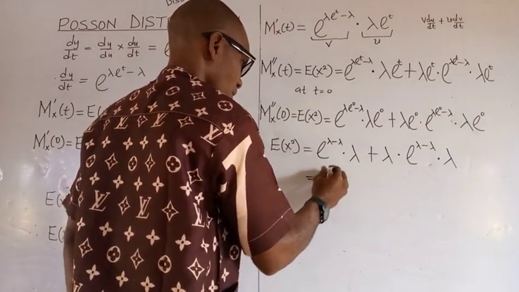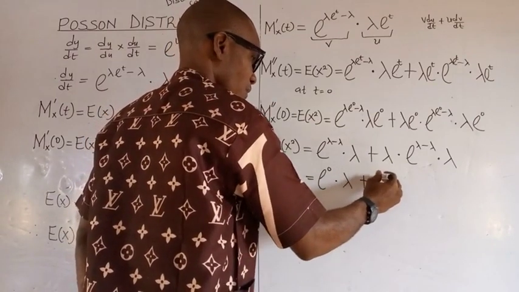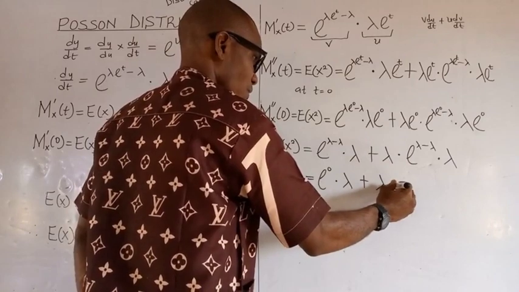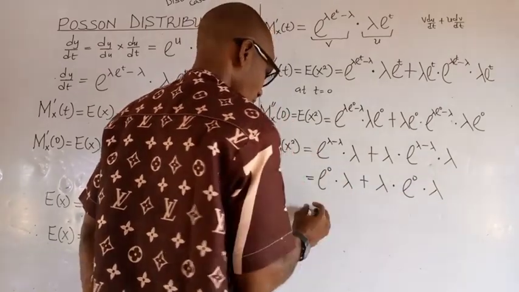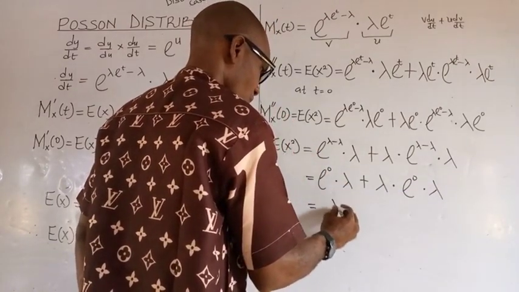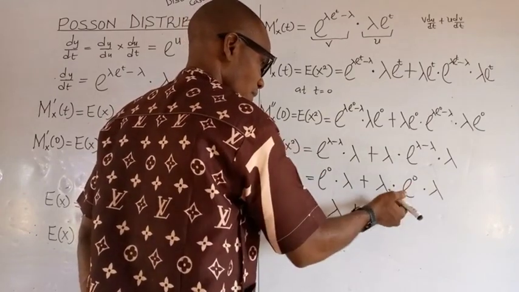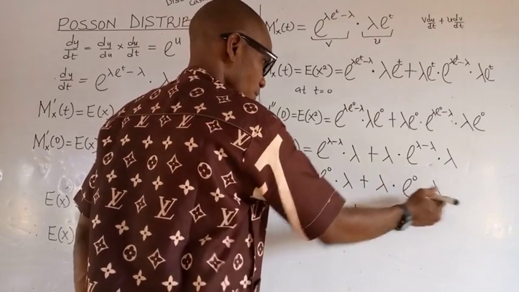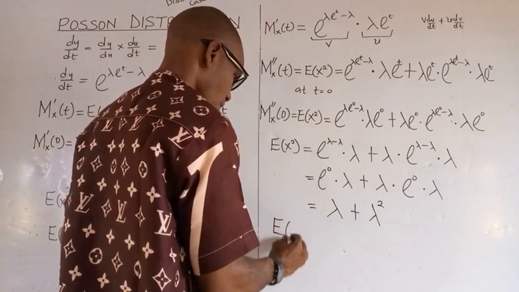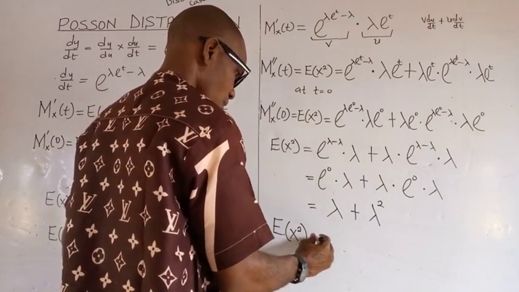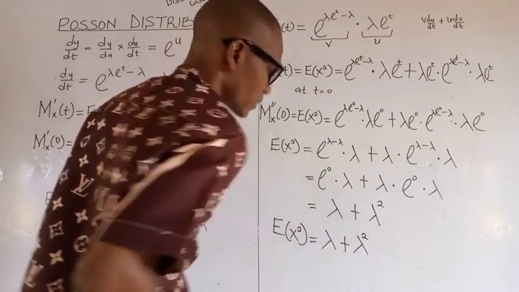So we have 0 multiplied by lambda plus lambda multiplied by 0, lambda minus lambda, that's lambda, which is equal to, this is 1. 1 multiplied by this is this, plus 1 multiplied by this and this is this 2. So we have this and this to give you lambda squared. It means the expected value of x squared is equal to lambda plus lambda squared.